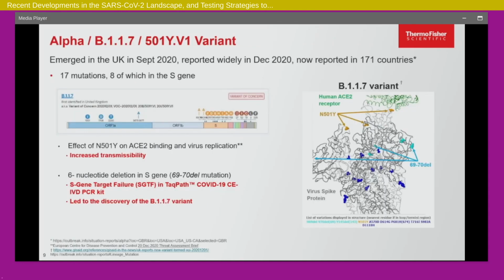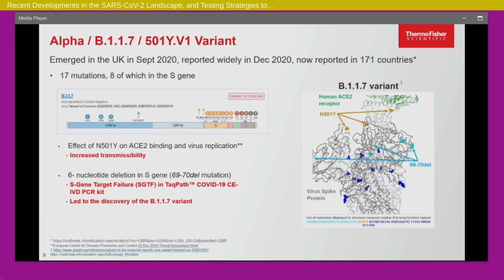I'll go a little bit into the details about these strains and tell you what the mutations are and how they impact the surveillance testing that is important for the next part of the presentation. This was the first variant identified, in September in the UK. In December, around Christmas time, we were seeing reports come in from the UK talking about a very interesting finding.